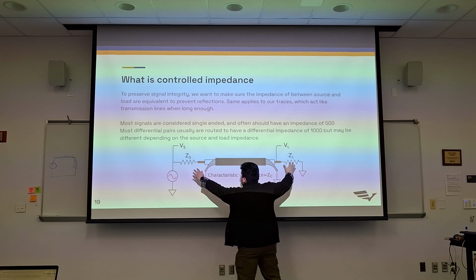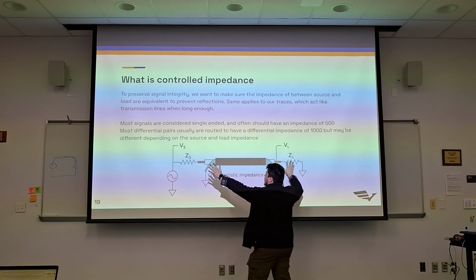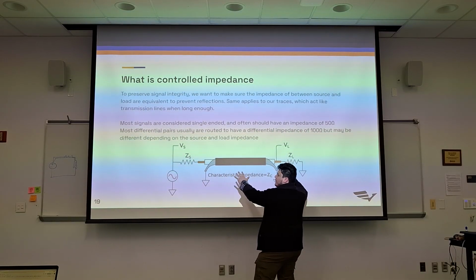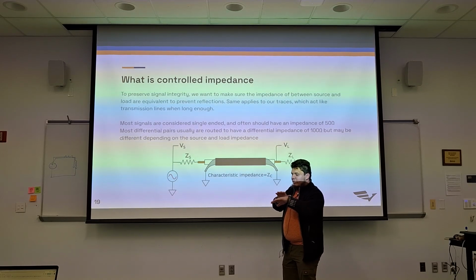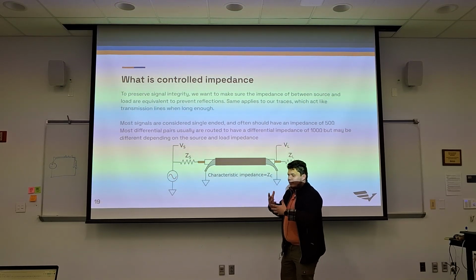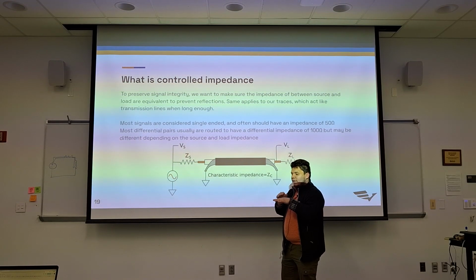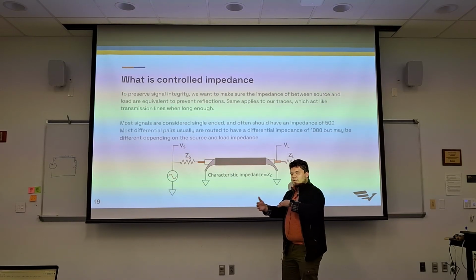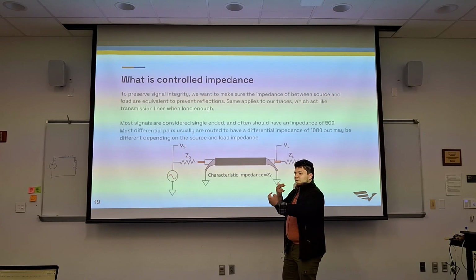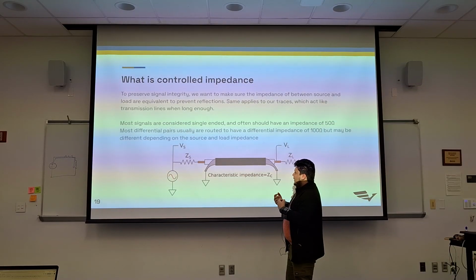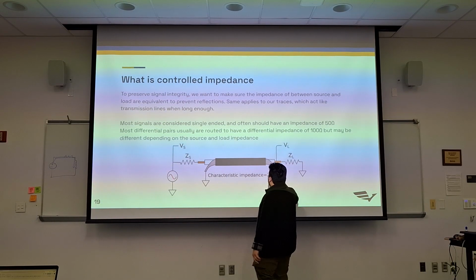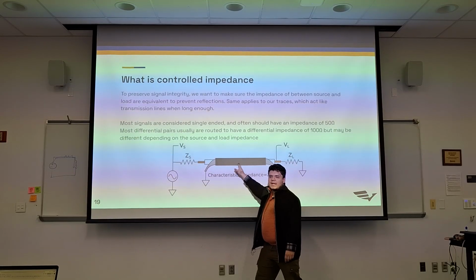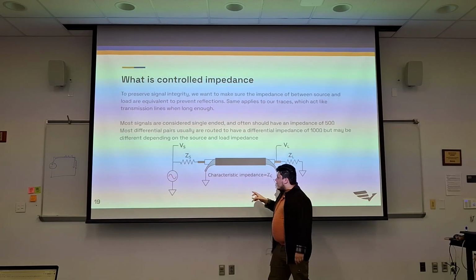You normally want to make sure that your source impedance and load impedance are the same, because you don't want it to be like swimming through water and then swimming into honey, right? You're going to feel resistance. And that's not good, because that's going to cause reflections with your electrical signals. So you want source and load to be the same, but then you also want your channel to be that same impedance, right?